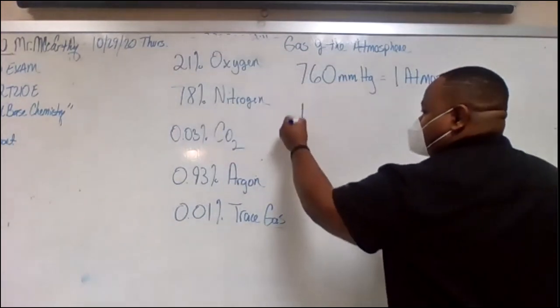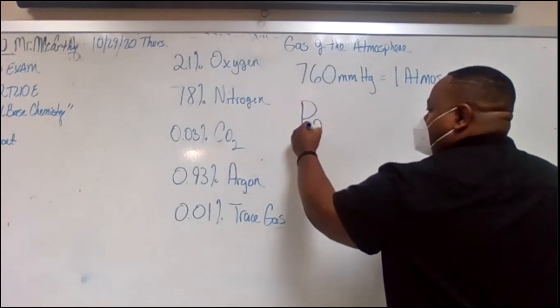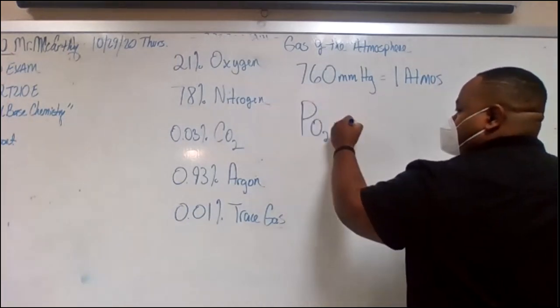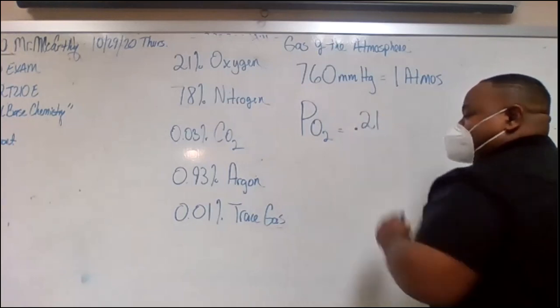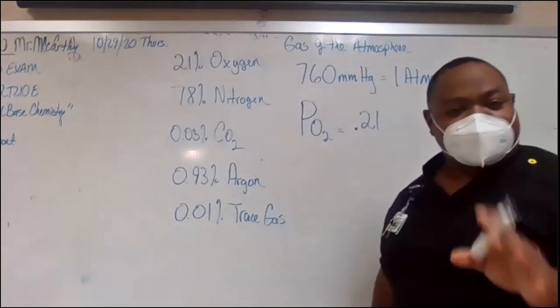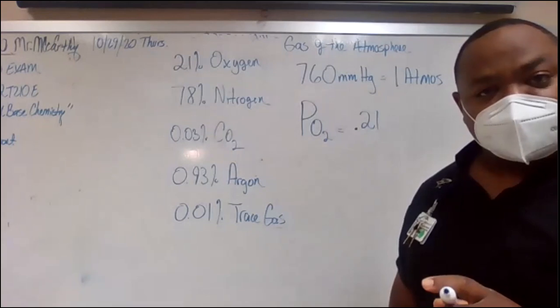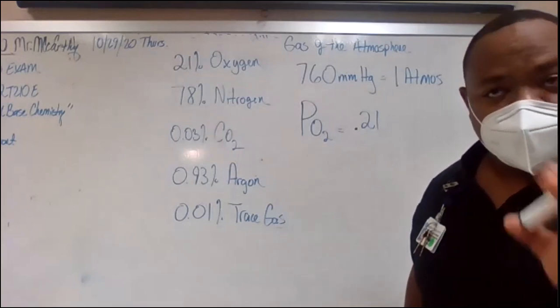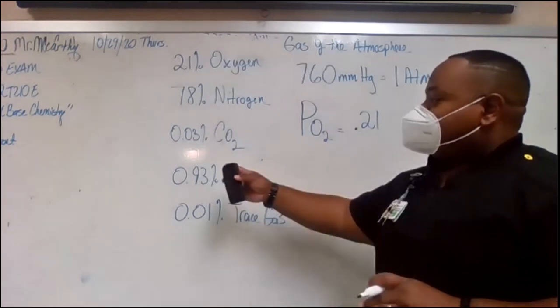So the pressure of O2 is 0.21, because you have to turn it into a decimal. Anytime you turn a percent to a decimal, you move the decimal place 2 places to the left, just in case you didn't remember that.